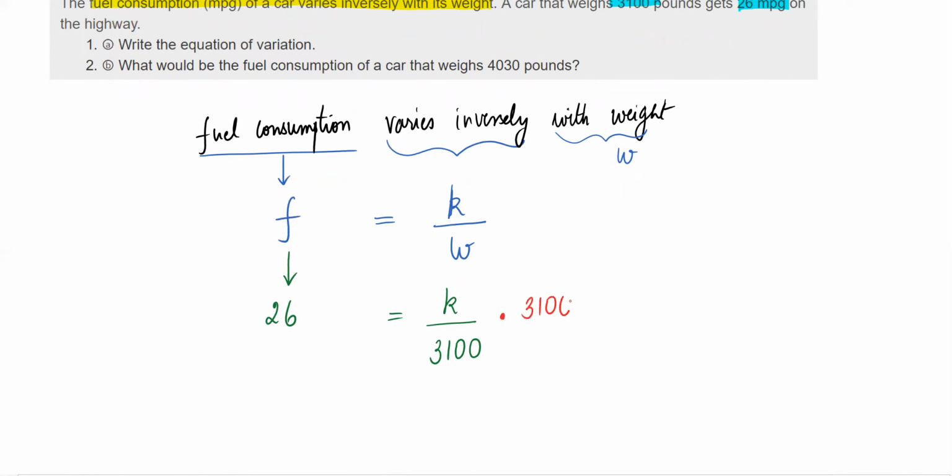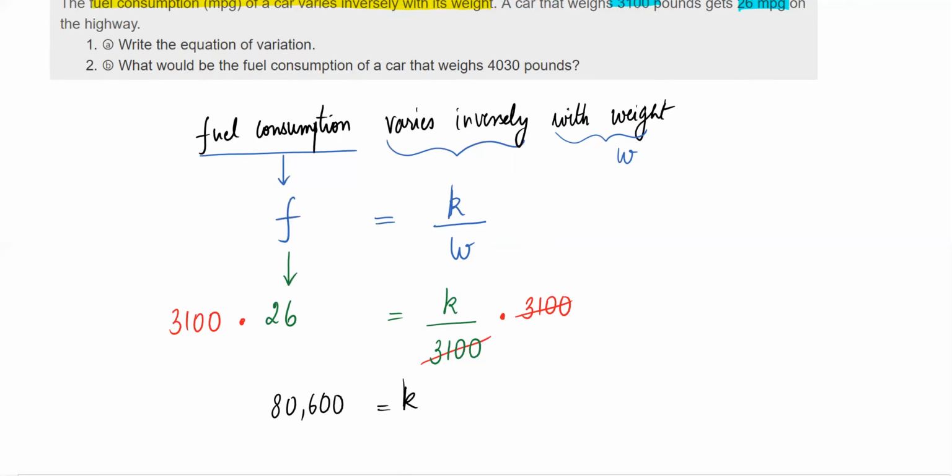All right, let's now solve for K. Multiply both sides by 3,100. Again, use your calculator to figure out the product here. So I get 80,600 as the K. K again is the constant of variation.